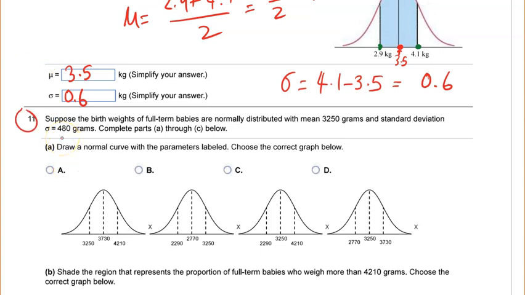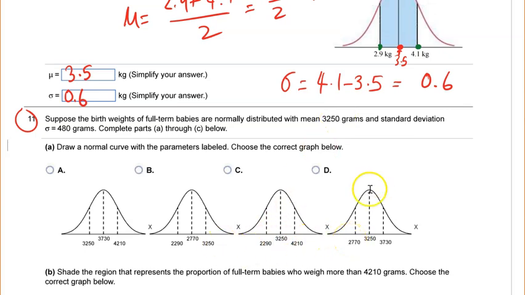Question number 11. Suppose the birth weights of full-term babies are normally distributed with mean 3250 and standard deviation 480. Complete parts A through C. First part, draw the normal curve with the parameters labeled. Here you have to find the right graph. There are 4 graphs. Let's find the graph with mean 3250 first.